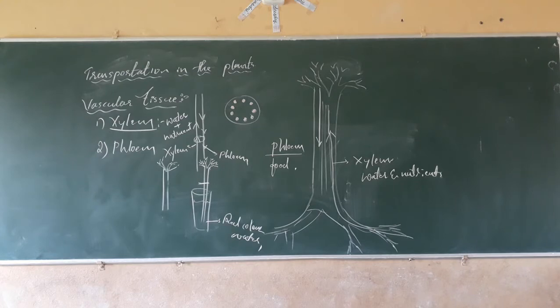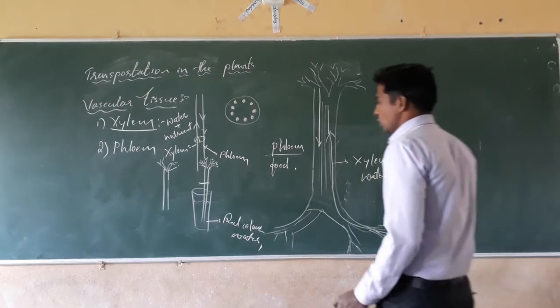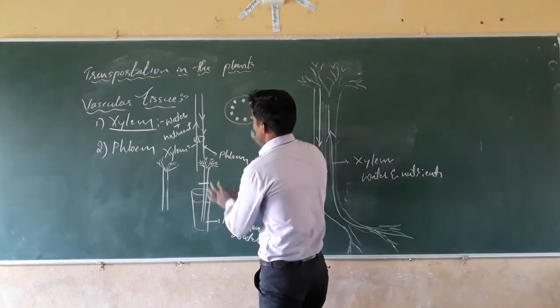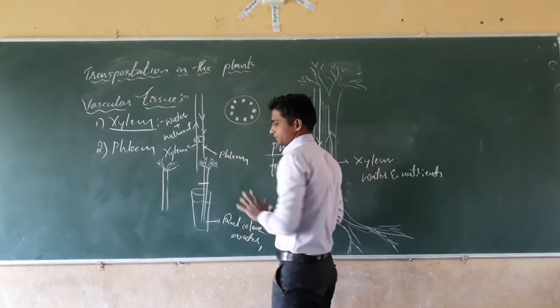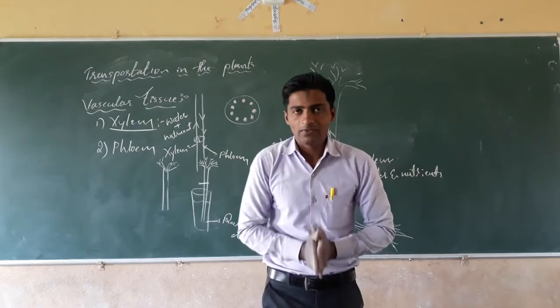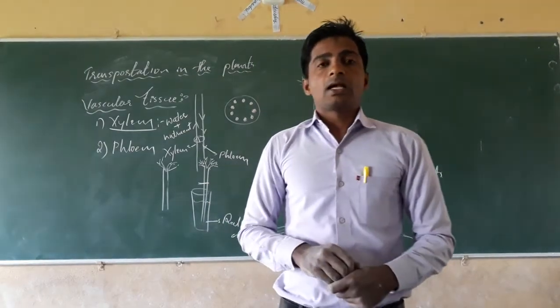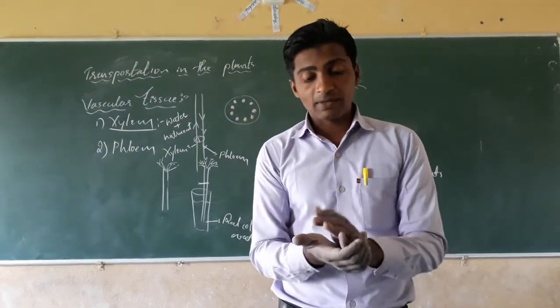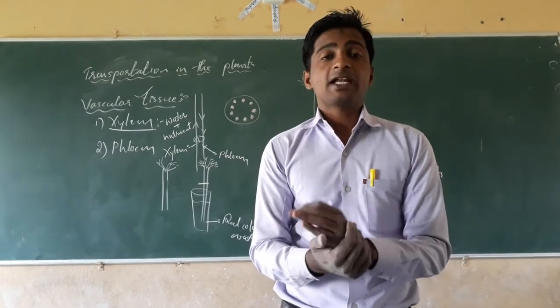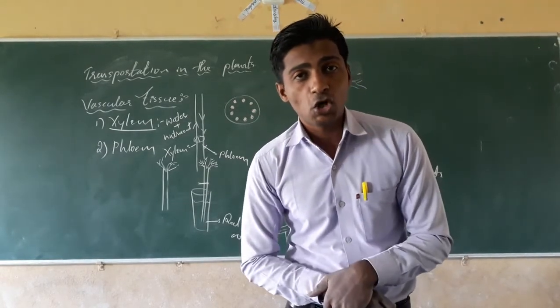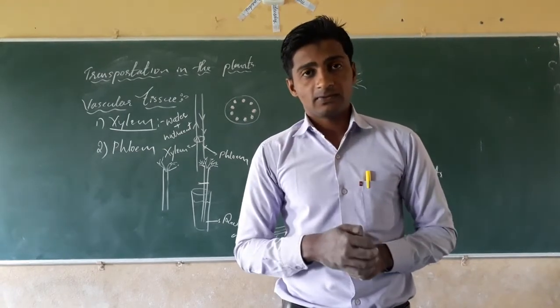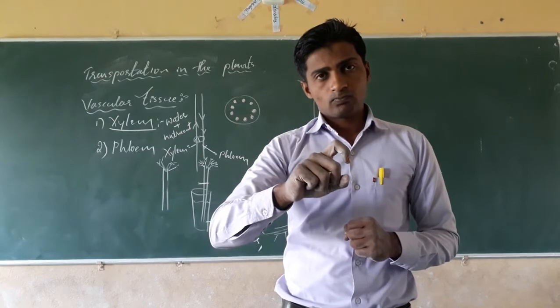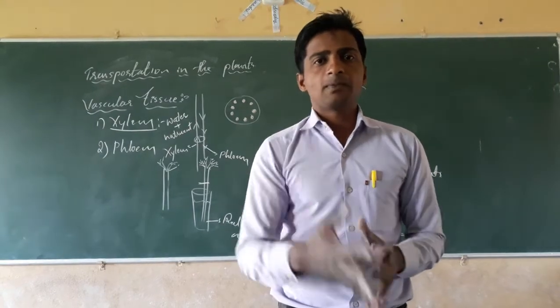that there is a water conducting tissue by which the red dots appear. Here, once again I will tell you, in the examination he may ask, explain an activity which shows the conduction of water in the plants, or the transportation of water in the plants.